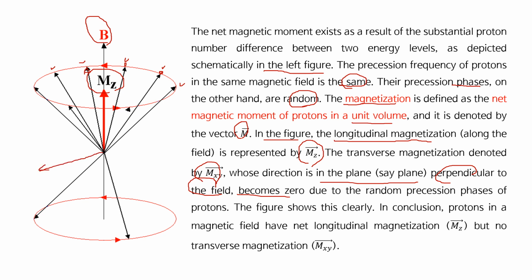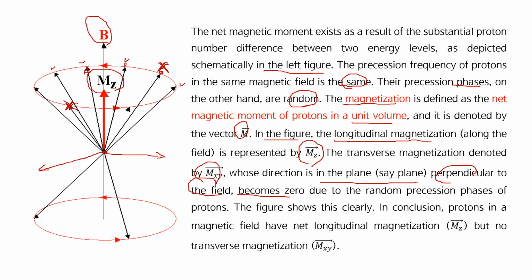So the magnetization component on the xy plane, which is called the transverse magnetization, is zero. For example, for this nuclear spin, there is one on the opposite side with a different phase. So the xy components of these magnetic moments cancel out.